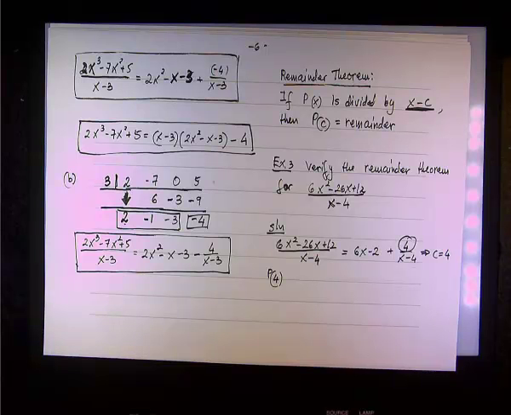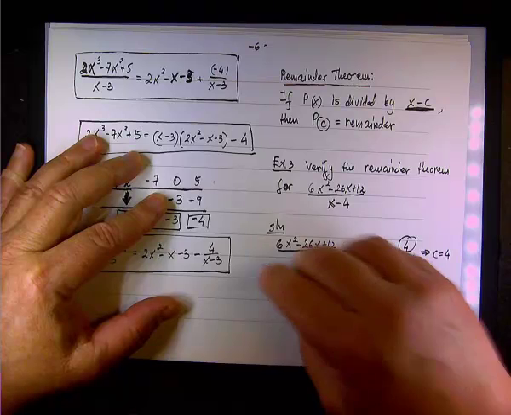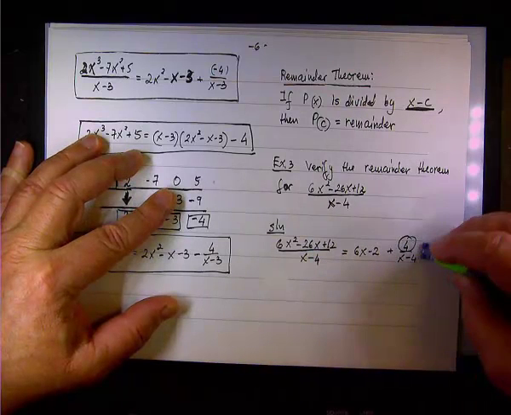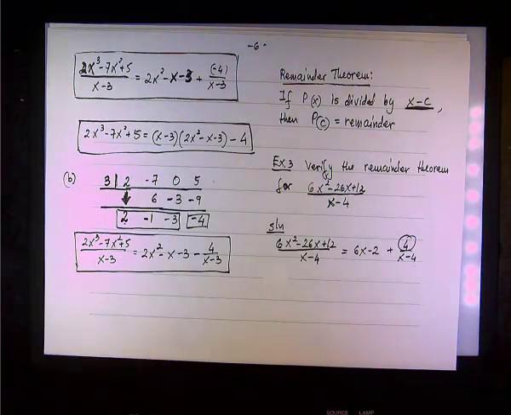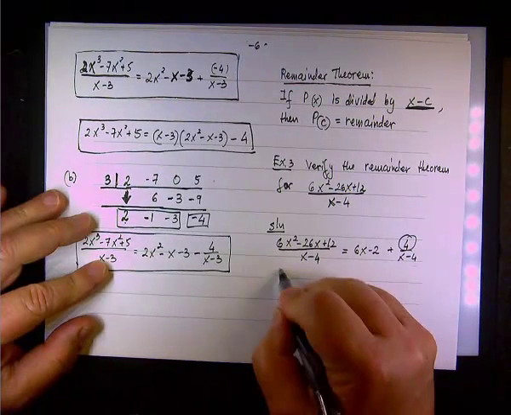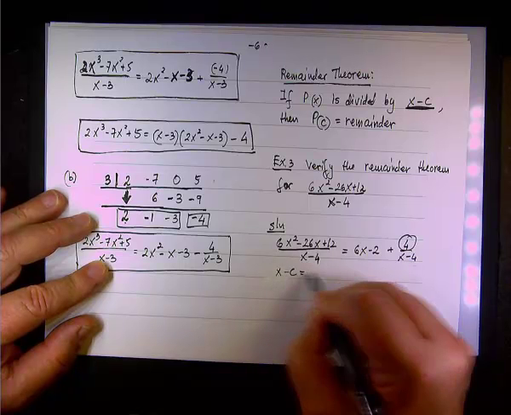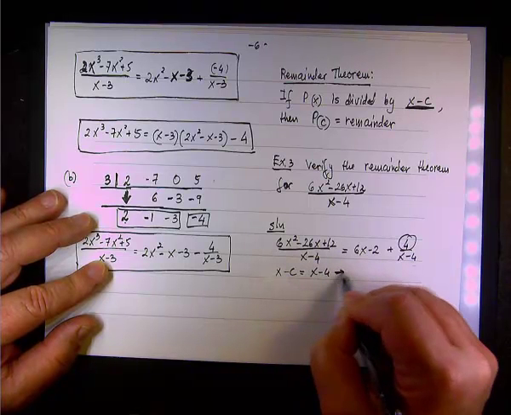So this was the remainder, 4. Let's see, if we need to evaluate P of 4, so c equals 4, because we divide by x minus 4.